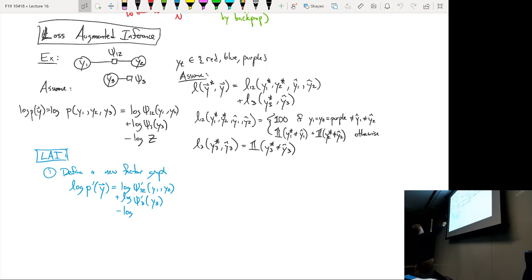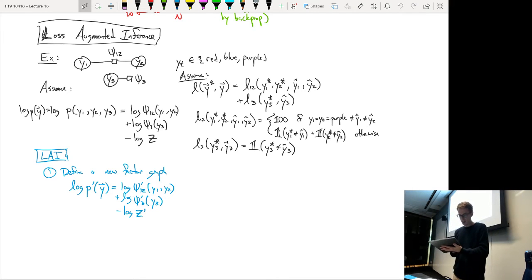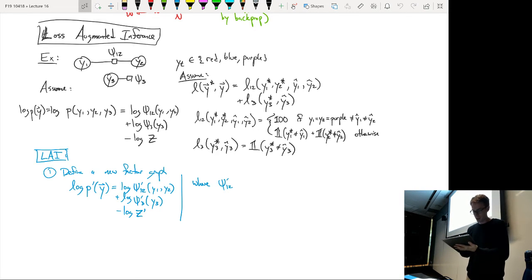So it's the same form as our original probability distribution, except that I've added primes to everything. And the key difference then is that now we have psi 1, 2 prime of y1, y2 defined as the sum of psi 1, 2 with L1, 2.